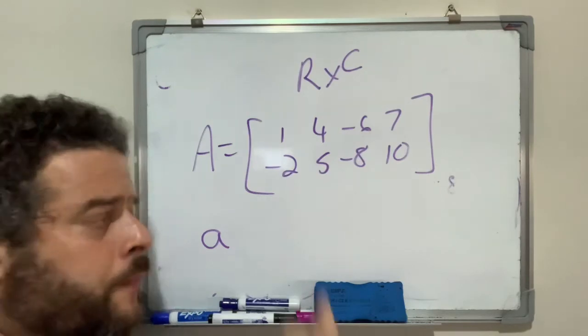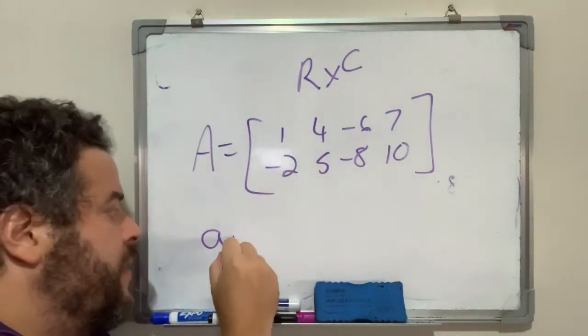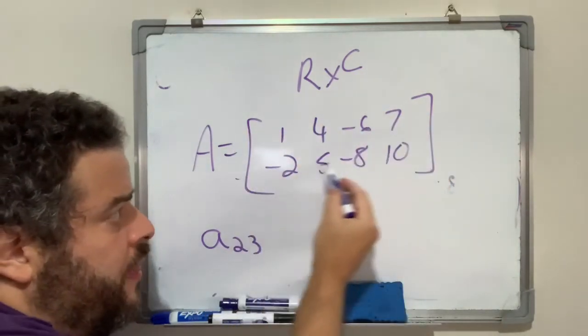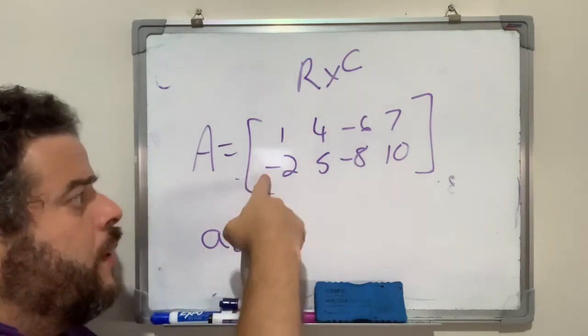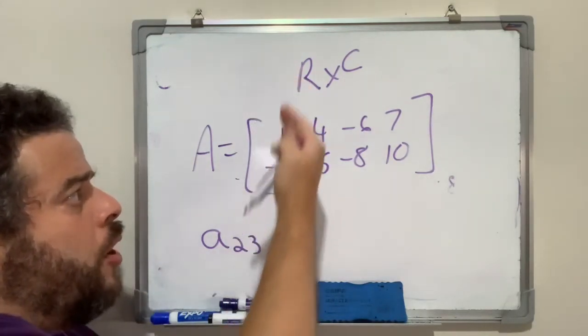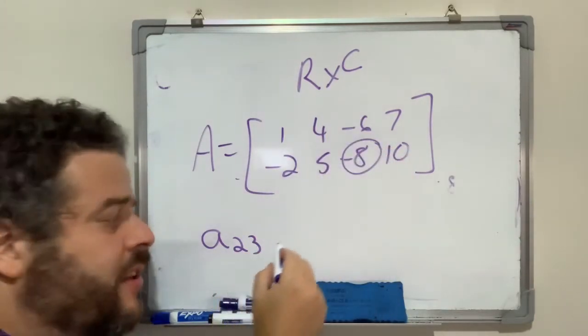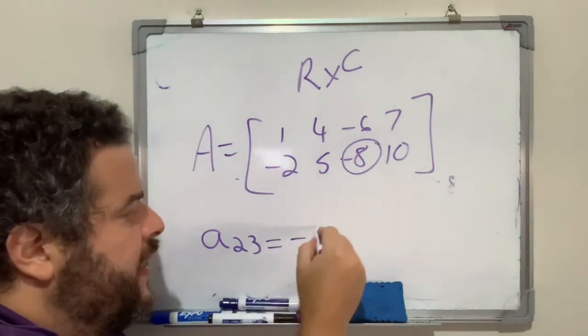The second one will be the column in which that element is found. So for example, if I have 2, 3, this is the first row, this is the second row. So it would be this row, because it's the second row, and in the second row, I would go into the third column, meaning the element a23 would be -8.